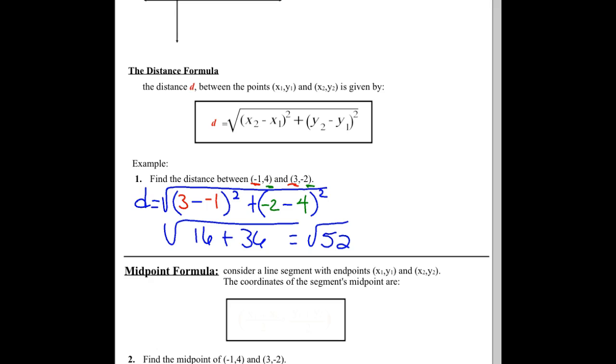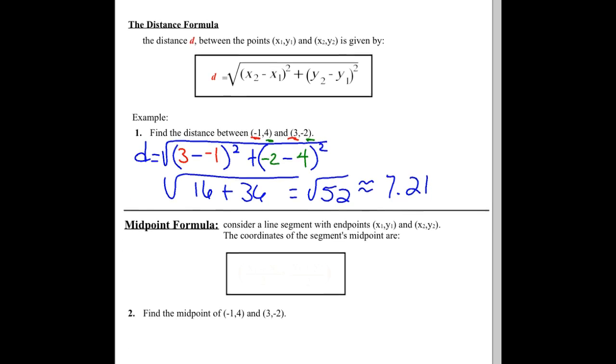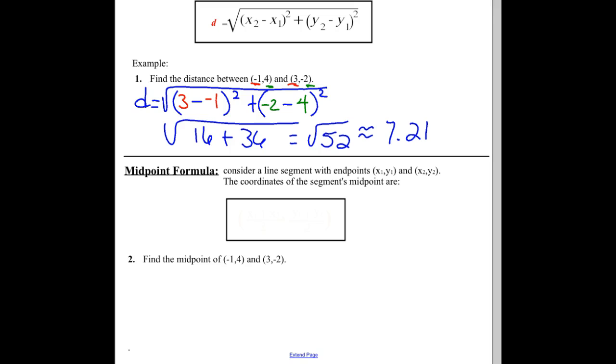If you were going to do something with that, maybe you had to draw it on a graph or something, all right, you need to know, well, what is the square root of 52? It's a little more than what number? A little more than 7, right? Square root of 49 would be 7. So it's going to be 7 point something. All right, grab your calculators. Give me a couple decimals there. Square root of 52. All right, seeing 7.21. Okay. We good with that?